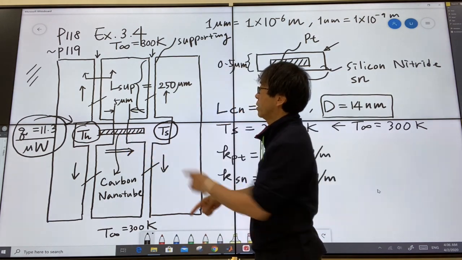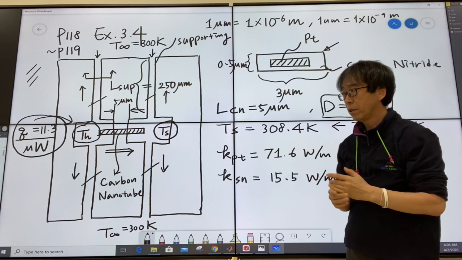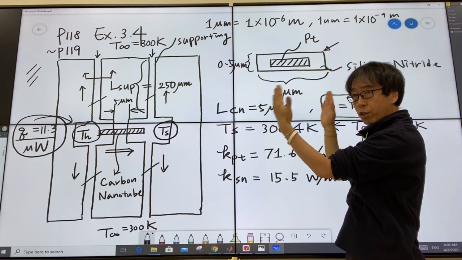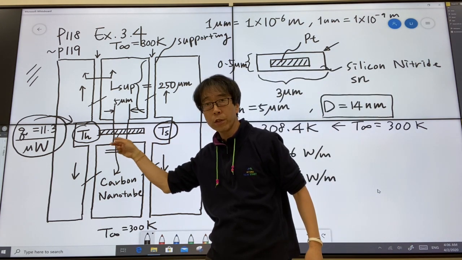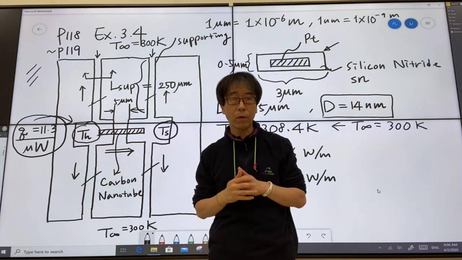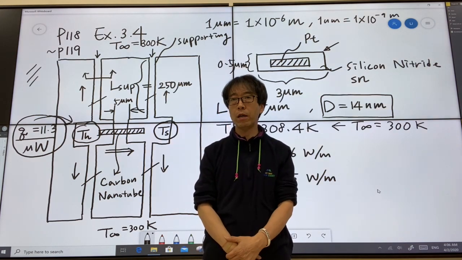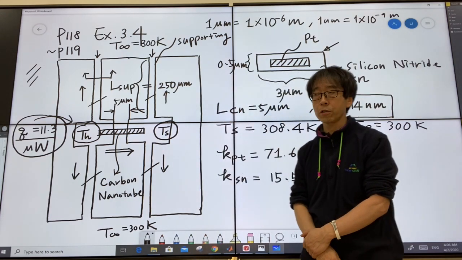But remember, this thickness is only 0.5 microns. Radiation occurs between two surfaces, and the surfaces looking at each other here are very small. So we'll assume that the radiation is negligible. It'll be very small.